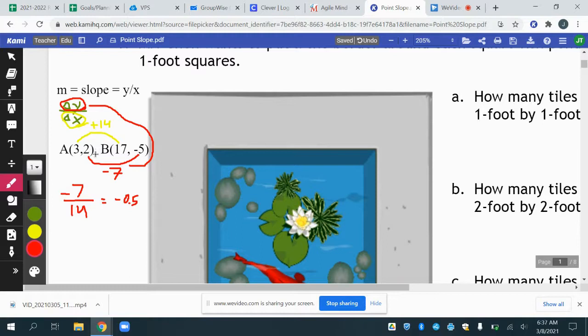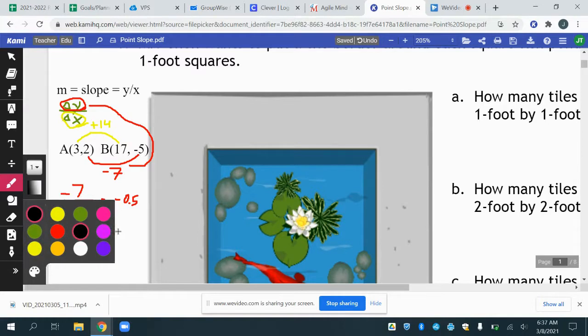Well, really, this is just 17 minus 3 is how I got 14. It's a very important thing to understand: we subtract to find how far apart numbers are.